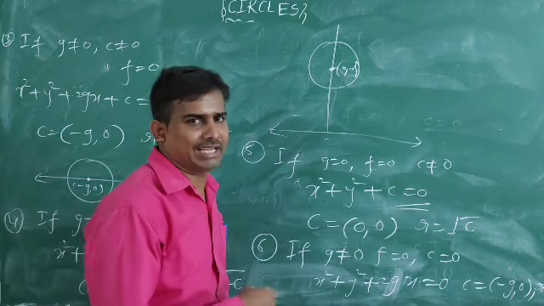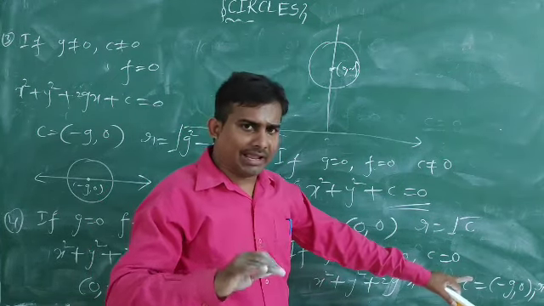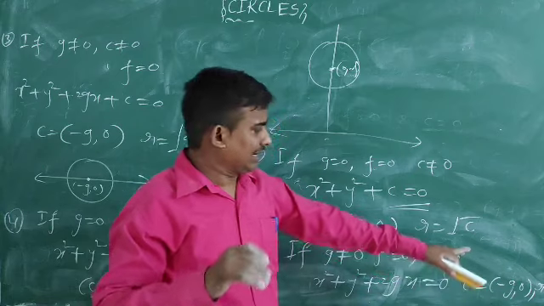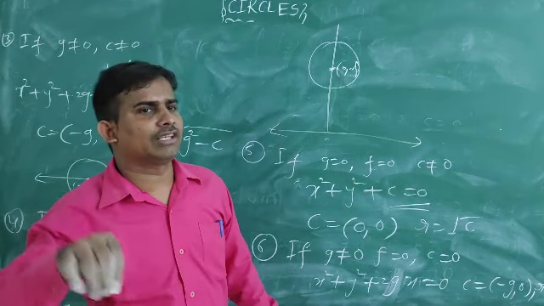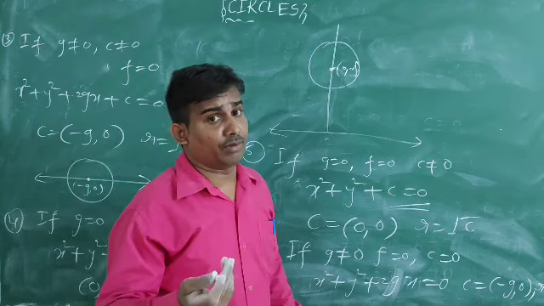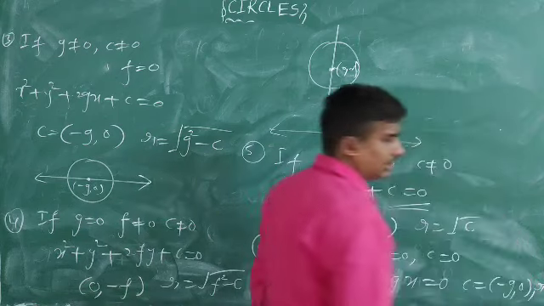How can you write mod g? Square root of g square plus f square minus c. Here g square is non-zero, f square is 0, c is 0, and finally we get only g square. The square root of g square is equal to mod g because g may or may not be negative. That's why we write r equal to mod g.